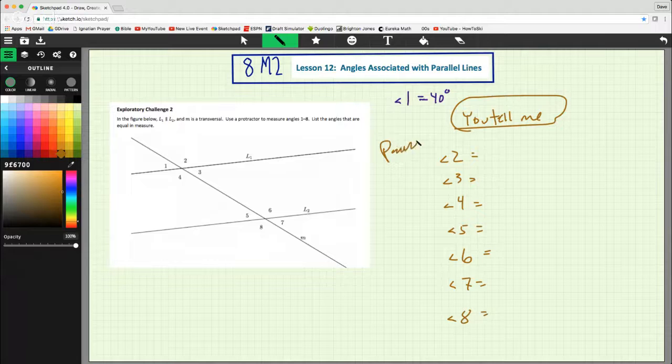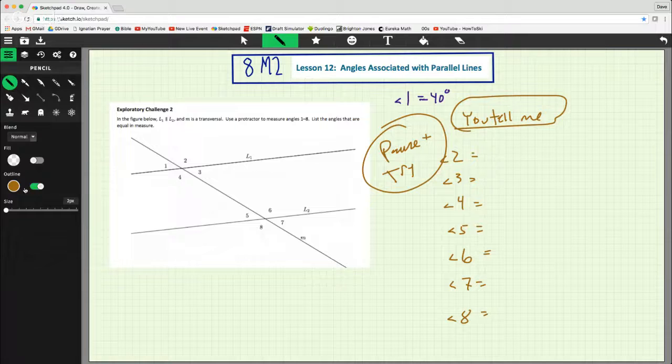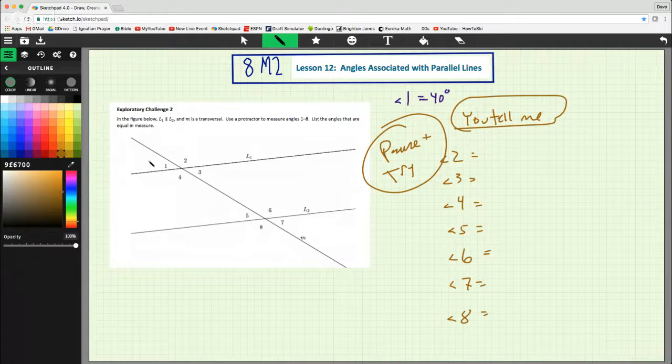So pause and try. Now I assume you're back. So we've said that this is 40 degrees. Now let's fill in the rest.